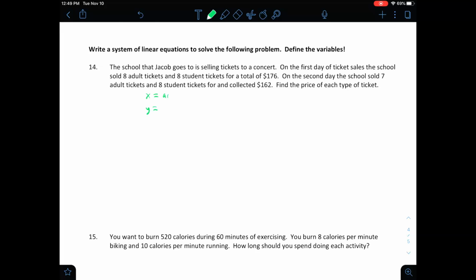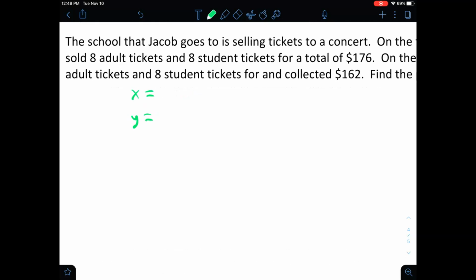X is going to be the cost of an adult ticket, and y is going to be the cost of the student ticket.